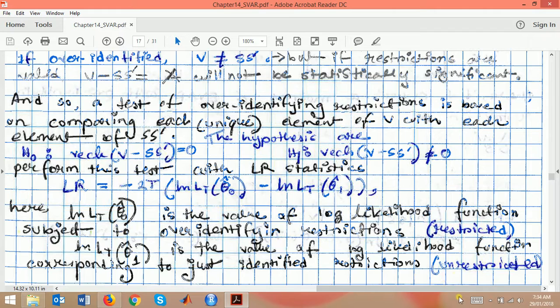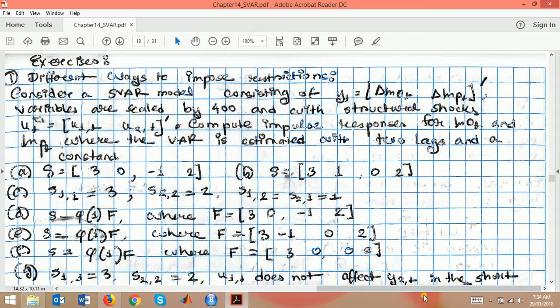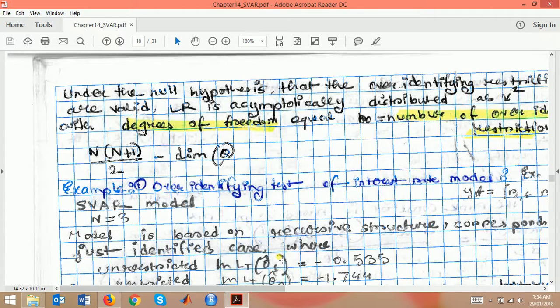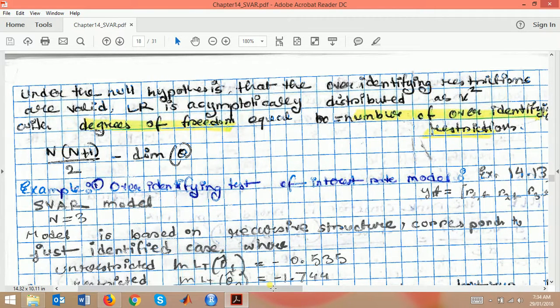Restricted is over identifying restriction, unrestricted is just identified. Under the null hypothesis that the over identifying restrictions are valid, LR is asymptotically distributed as chi-square with degrees of freedom equal to the number of over identifying restrictions.